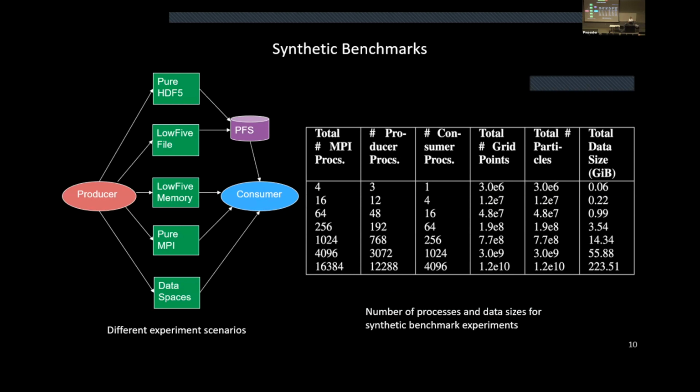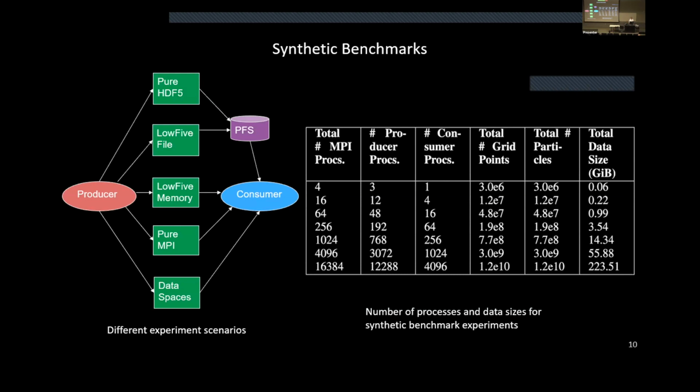And then we do it in a variety of different ways. So on the left in green, we can use LowFive in memory mode, the way we intend it to be used in MPI, but we can also use file mode where we actually do create and write and read a physical file. That's another switch in LowFive. So we'll compare file and memory modes in LowFive.